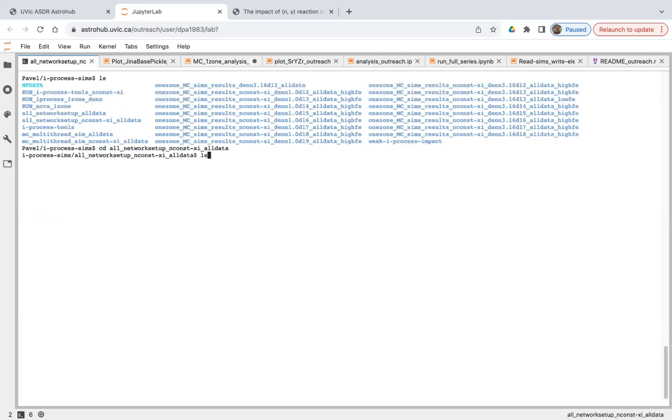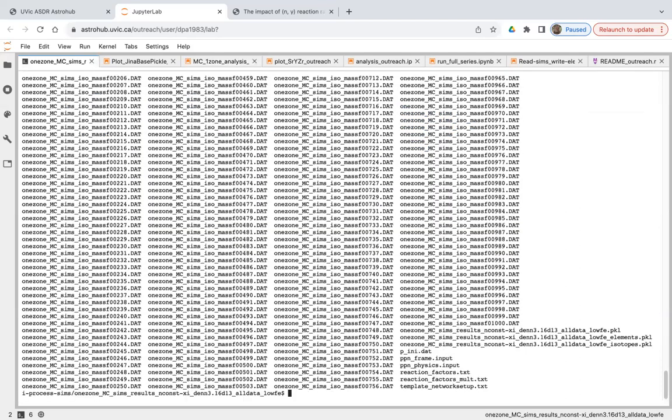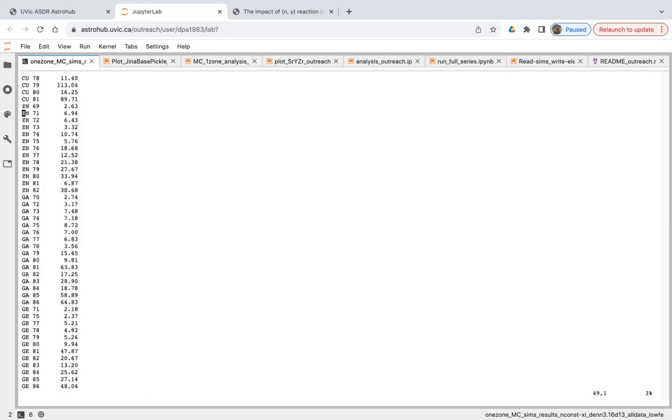Or yeah, if I go here in my Monte Carlo runs directory list, so here there are reaction factors, remember. This is a list of 1256 unstable isotopes with their maximum variation factors.